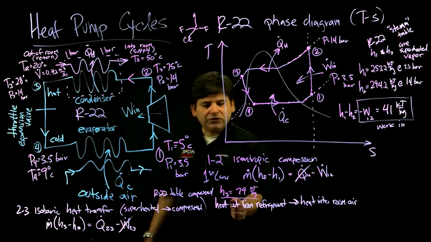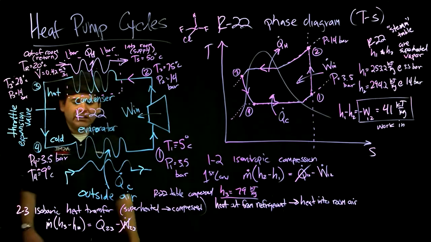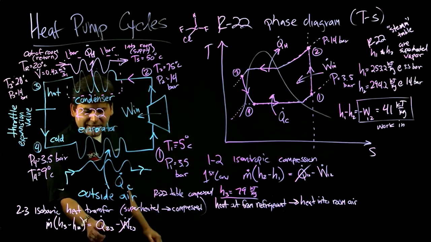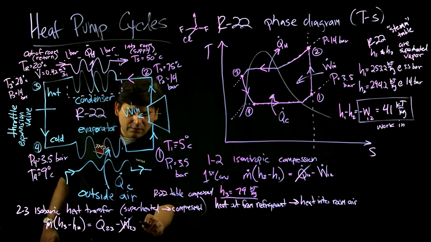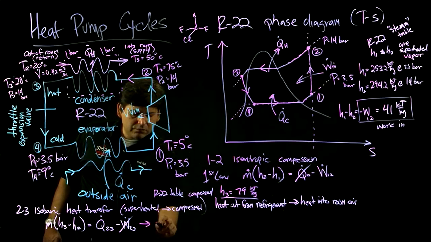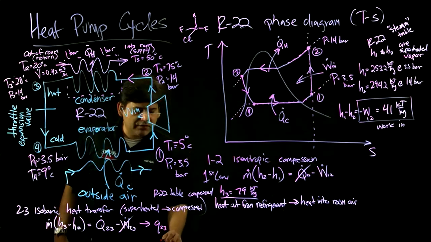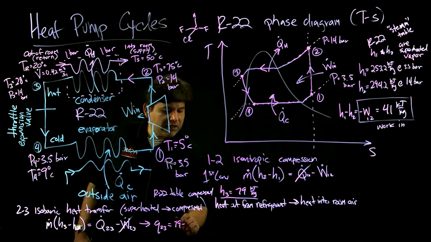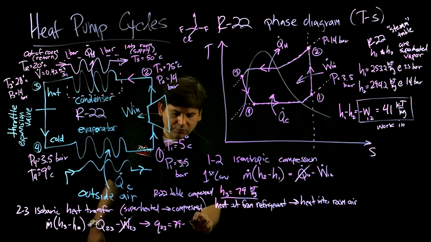So the R22 at this state gives an enthalpy of 79. That means that we can find the heat out, we can find little q, divided by mass again, since we don't know the mass. So the heat transfer out of there is 79 minus H2, 294.2.